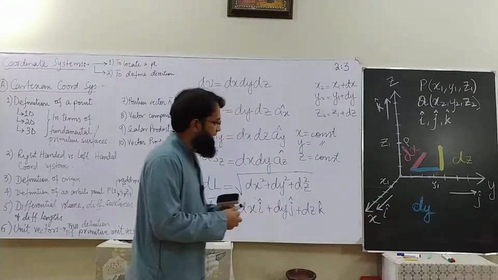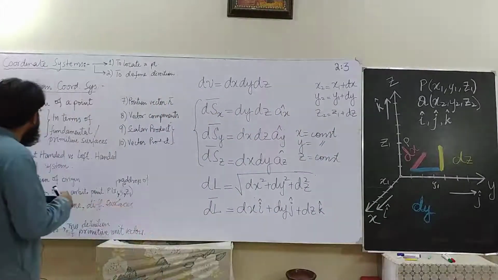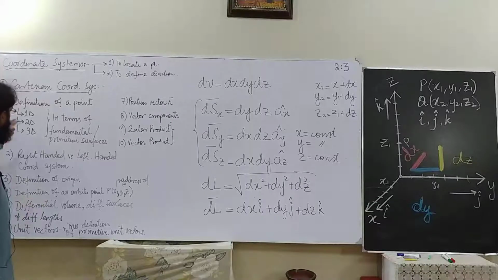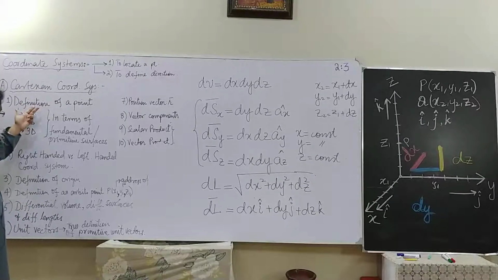In the last lecture we were discussing the Cartesian coordinate system in pretty much detail. We are trying to define a coordinate system, and to define a coordinate system we need to define a few things about that system. One of those things is the definition of fundamental surfaces, and on the basis of fundamental surfaces we define the point and the origin.